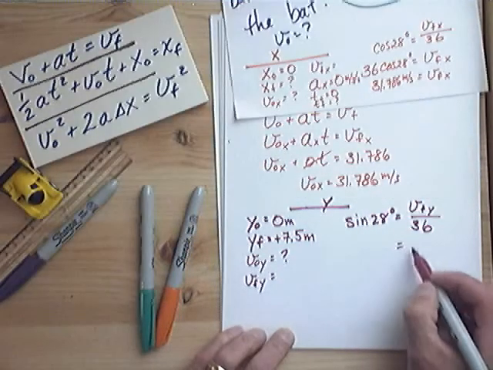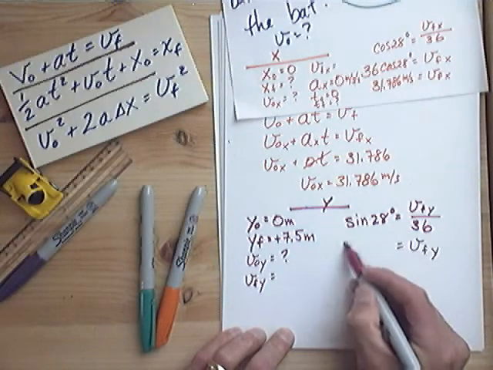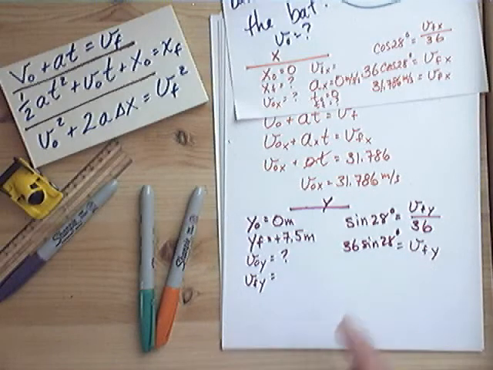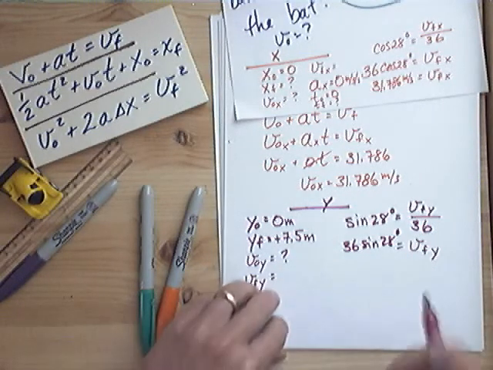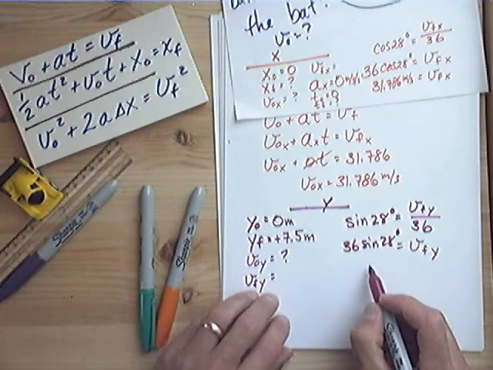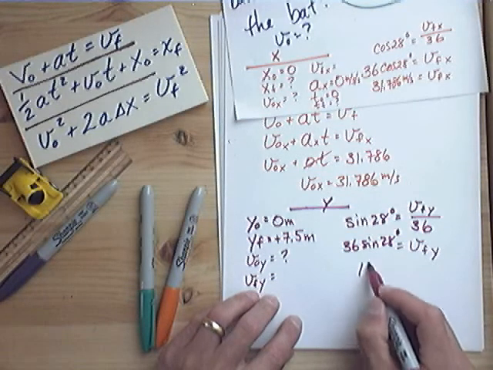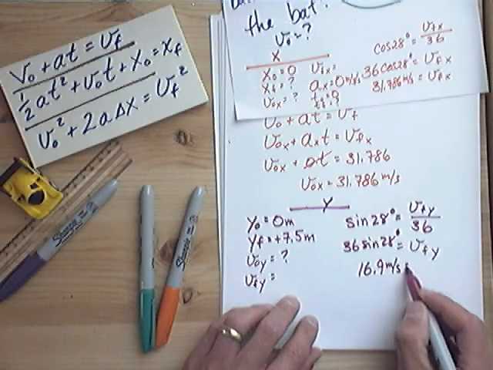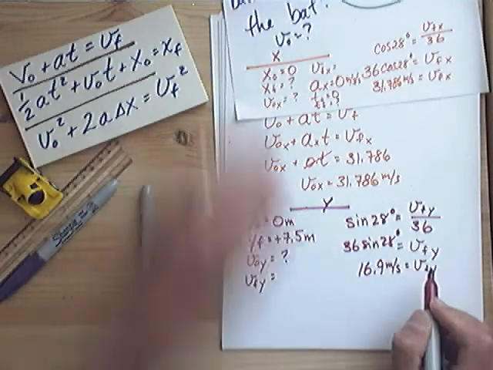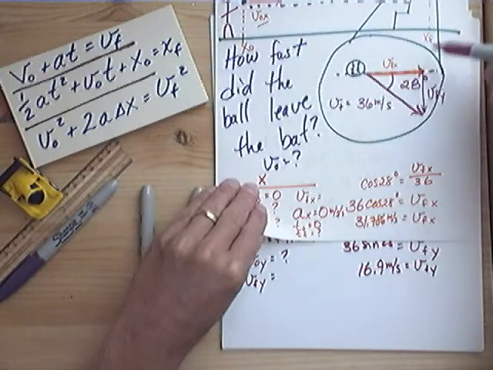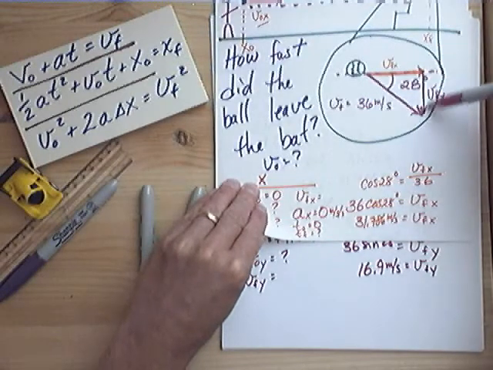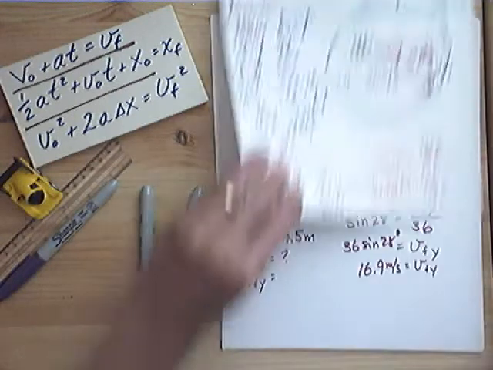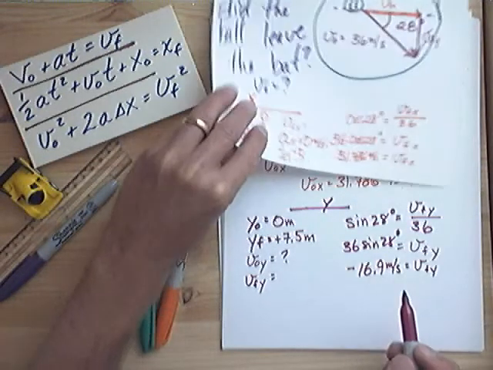So v final in the y direction is 36 sine 28 degrees, which is 16.9 meters per second. However, notice it points down. Our positive in the y direction points up, so this needs to be in the negative direction.